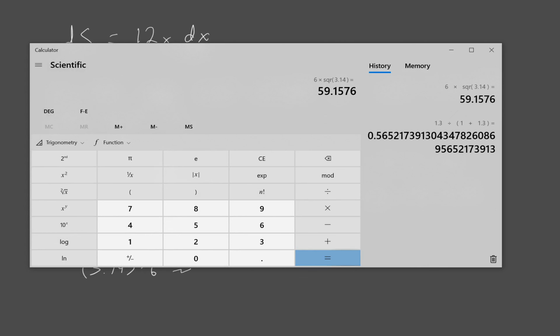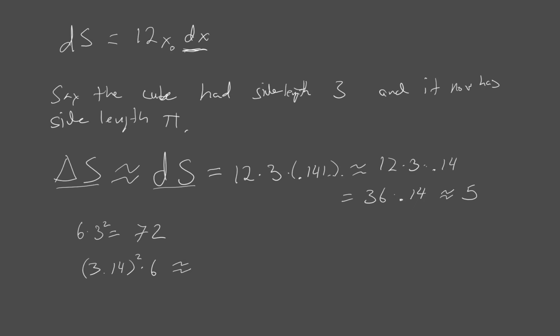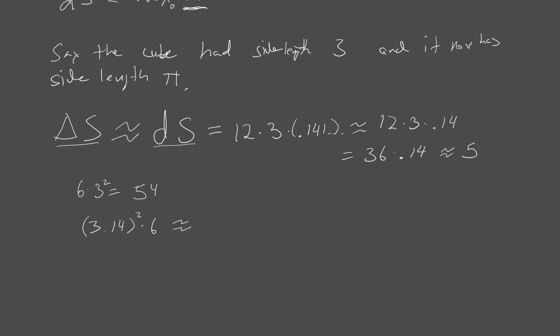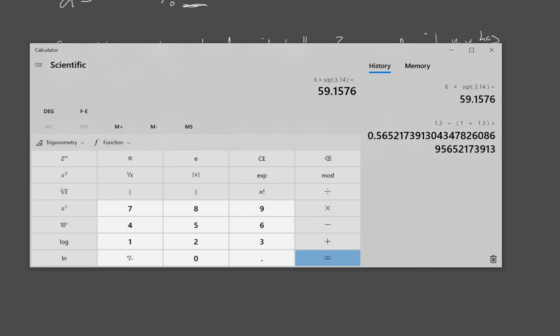And 6 times 9 is not 72. That's 8 times 9. This is 54. Good thing I don't always have to do arithmetic in my head. Okay, so we went from 54 to 59.1576, right?